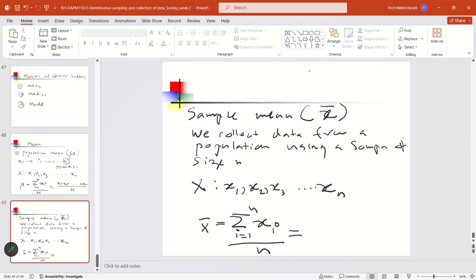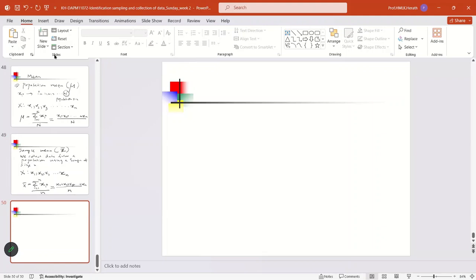This is none other than x1 plus x2 plus x3 plus up to xn, divided by small n. This is very easy, not very difficult.